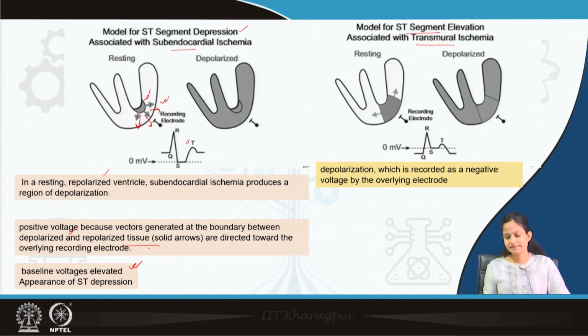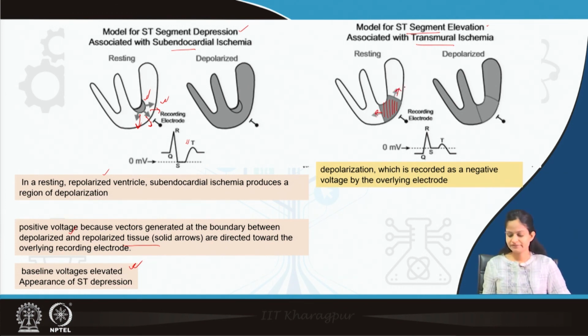The reverse occurs in case of ST segment elevation in transmural ischemia, when the whole myocardium, from endocardium to epicardium, is ischemic. So, the depolarization vector will be away from the recording electrode.